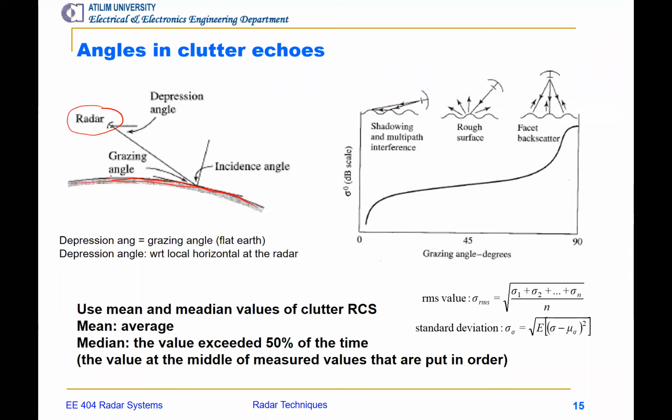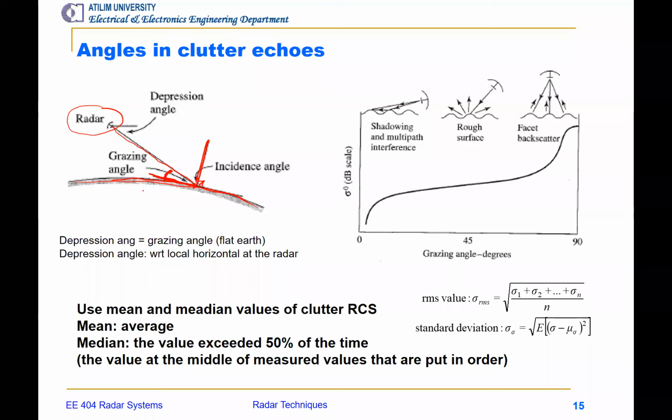There's a curvature, and let us first describe the angles. Here is the line which is perpendicular to the surface of the Earth, and here is the line from the radar to the surface, so clutter, and there is a tangential line to the surface, and this angle is called the grazing angle.